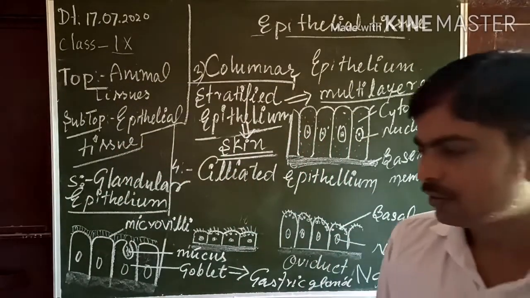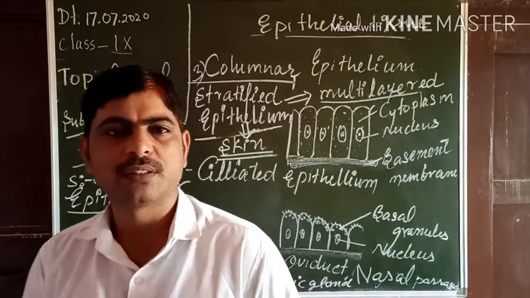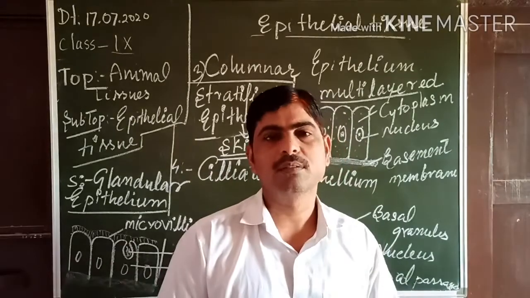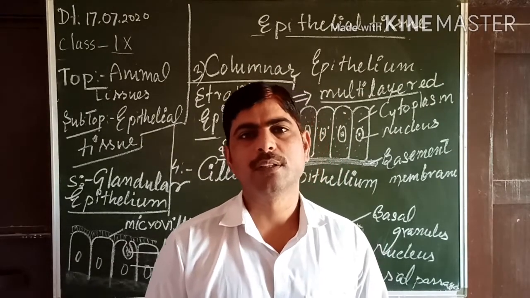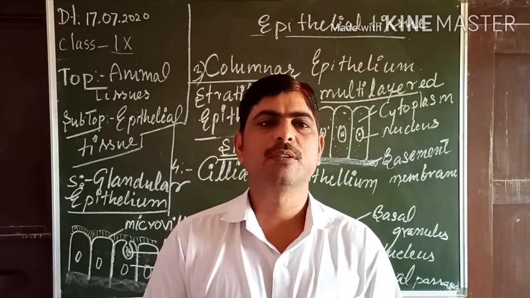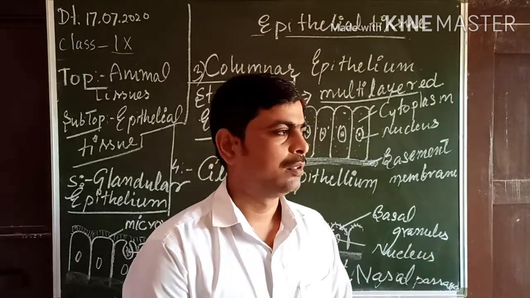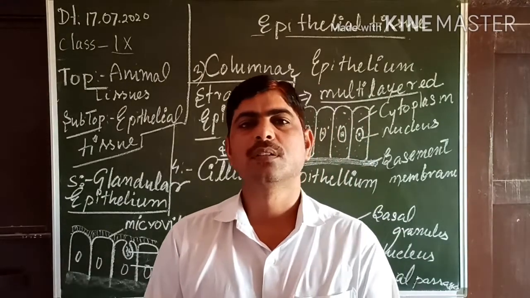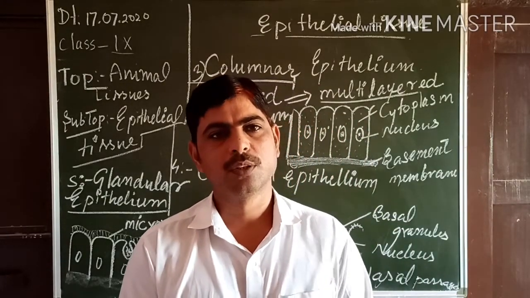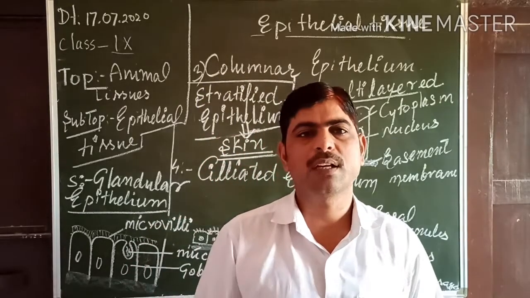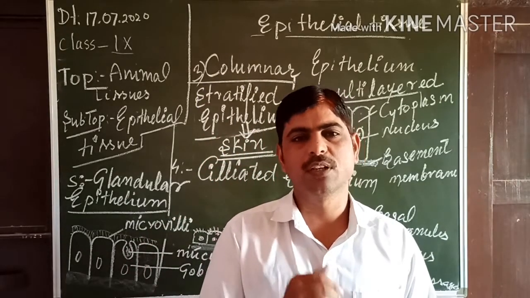So dear students, today we studied the rest of the types of epithelial tissue: columnar epithelium, glandular epithelium, ciliated epithelium, and stratified epithelium. Only one is a basic type, that is the columnar epithelium. They are longer than wide, and the nucleus is elongated.